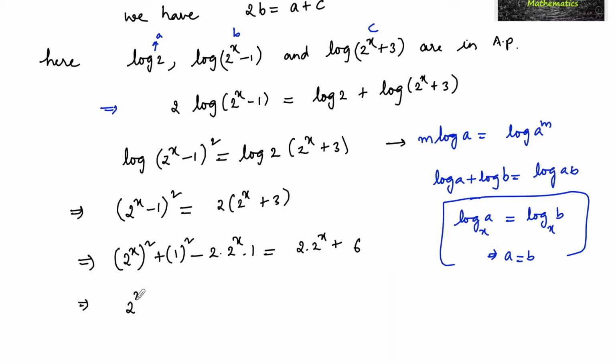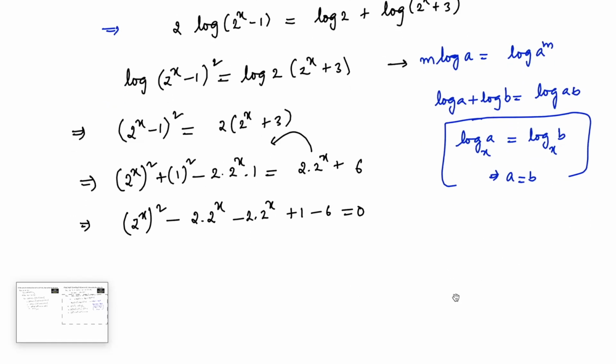So we can write 2 power 2x, or let me write 2 power x whole square, and minus 2 into 2 power x, and again the term will come here, minus 2 into 2 power x plus 1 minus 6 is equal to 0.